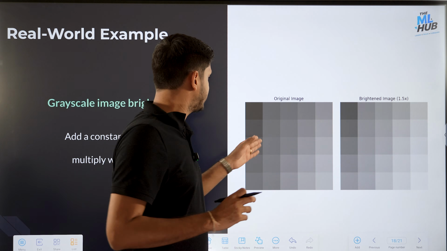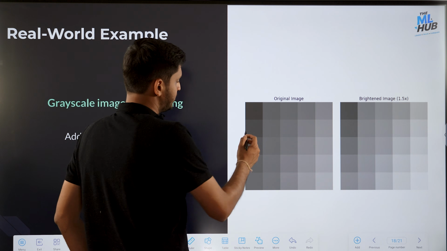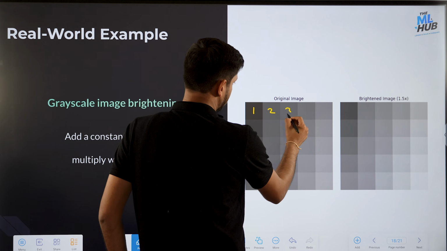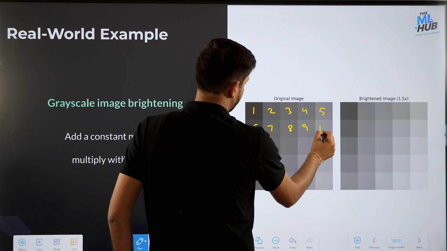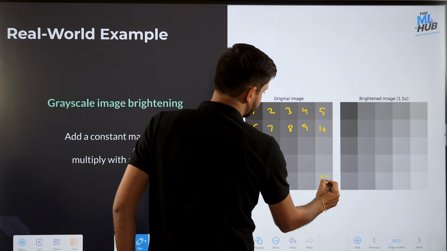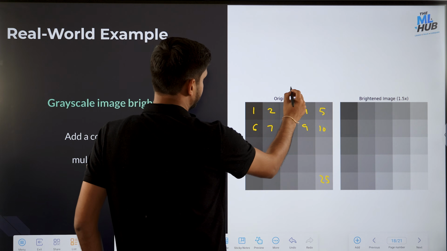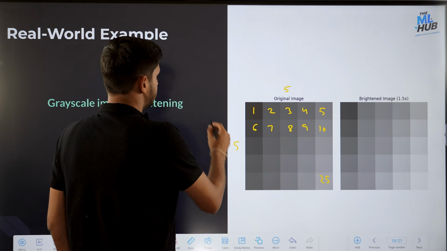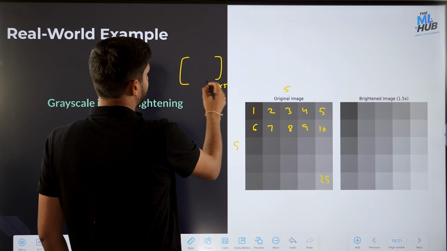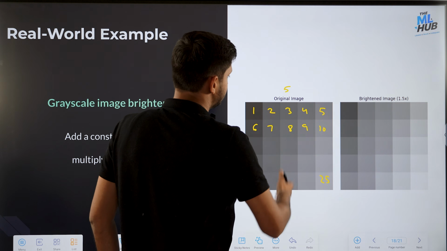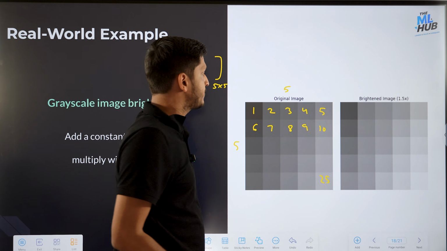For example, here is an image consisting of how many pixels? 1, 2, 3, 4, 5, 6, 7, 8, 9, 10 and so on. We have 25 pixels, right? It is a 5 cross 5 grid. So you can represent this entire image in a 5 cross 5 matrix, which will contain just the values, like how gray every pixel is.